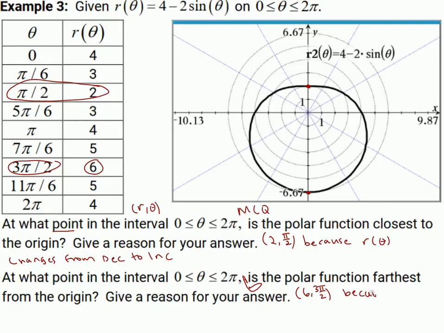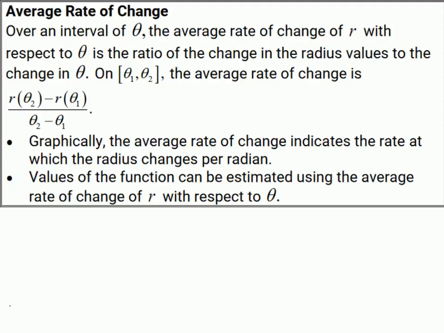This is going to be because r of theta, that's our function, it changes from increasing to decreasing after that, okay? So because r of theta changes from increasing to decreasing.